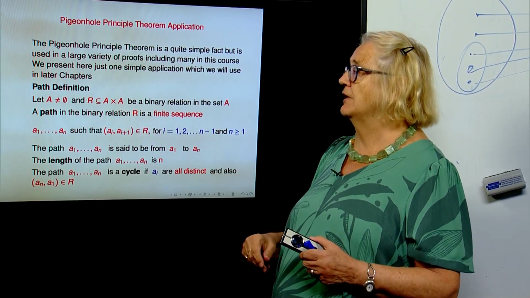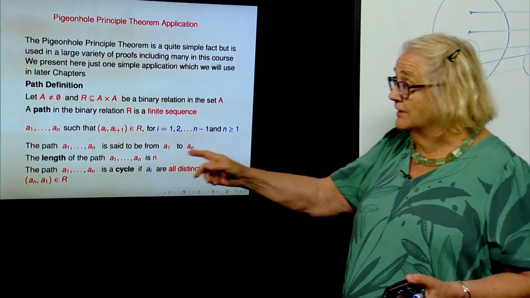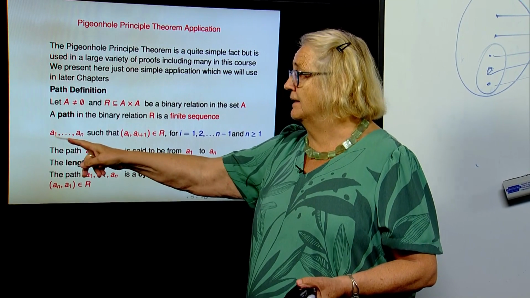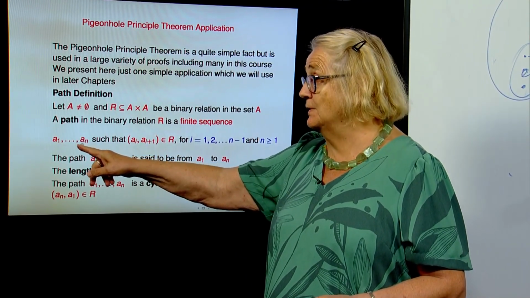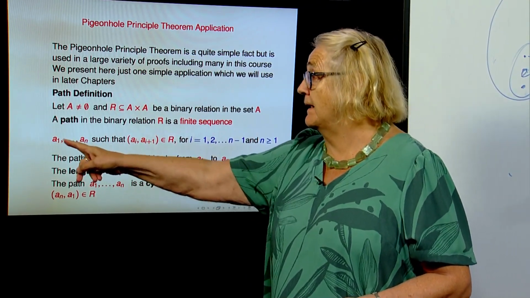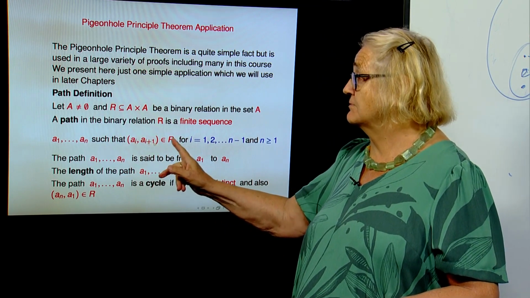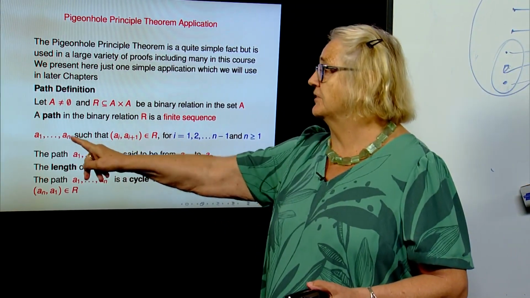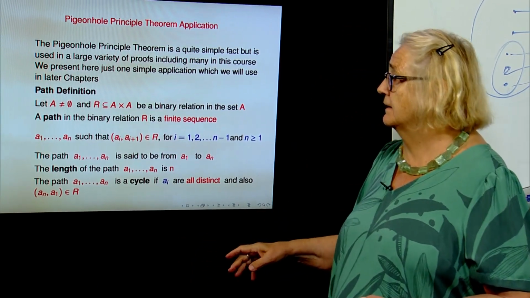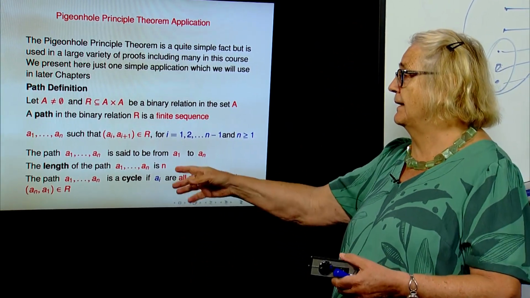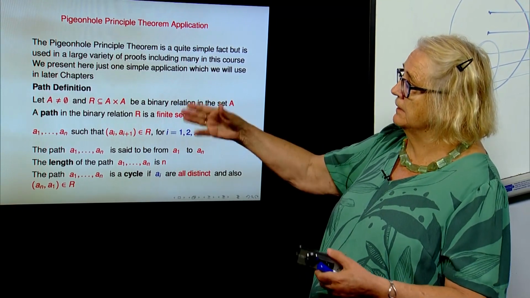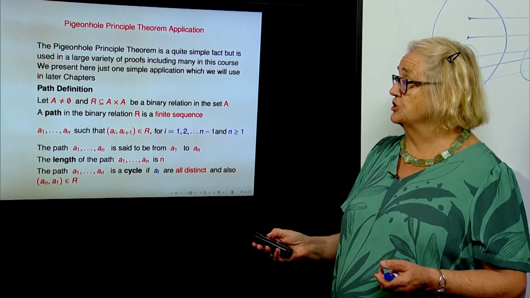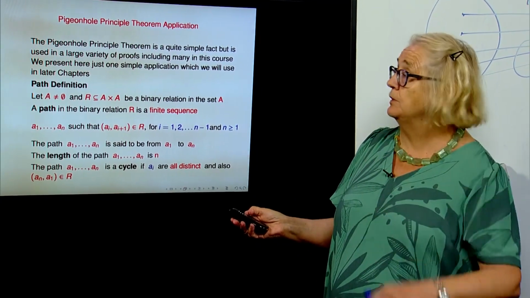in the binary relation. So the path, if you have set A, is a finite sequence A1, ..., AN such that they are related: (Ai, Ai+1) is in R, and the length of the path is N, and then you get the cycle and so on. That is the definition of a path we will be using.